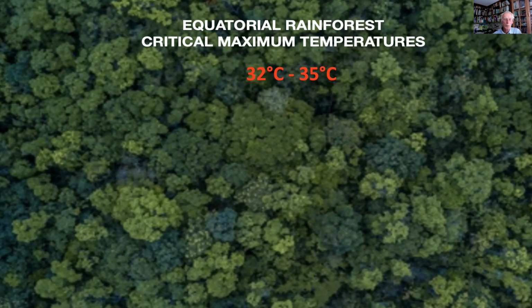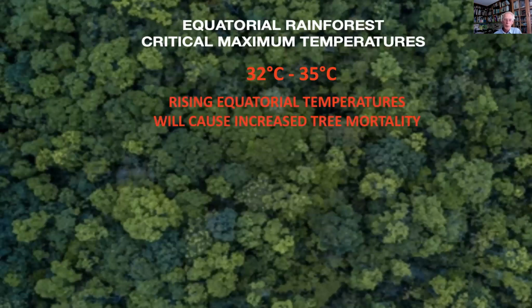The stomata, which open in order for photosynthesis to take place, actually close down when the temperature is too high. And so that's not a good thing. Rising equatorial temperatures are potentially increasing tree mortality, particularly now in Amazonia, not so much at the moment in Central Africa. Now let's look at some of the reasons for this.